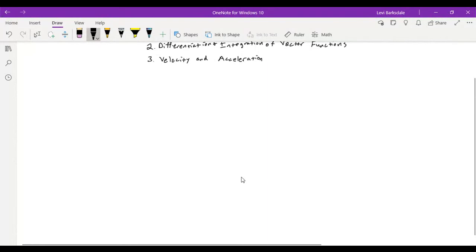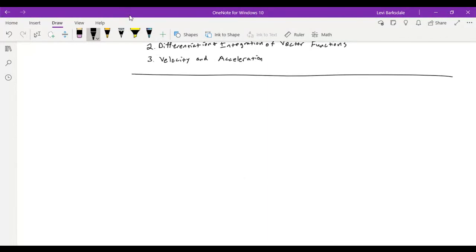All right. We'll begin with the basic definition of a vector valued function. A vector valued function takes an input of a real number and maps it to a vector.